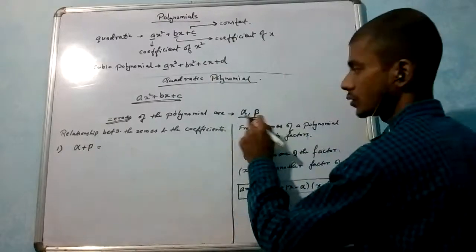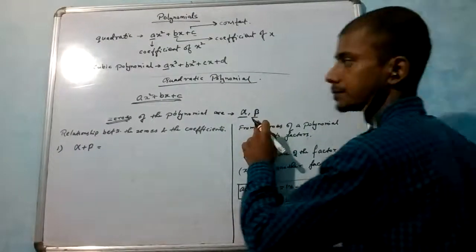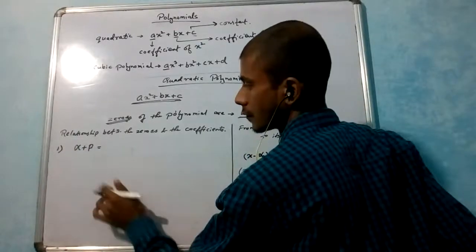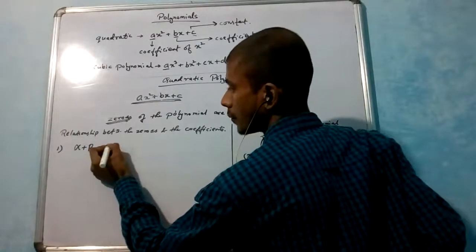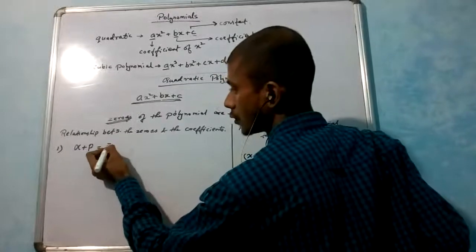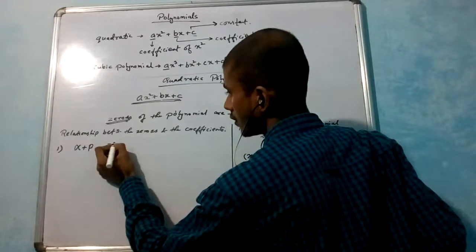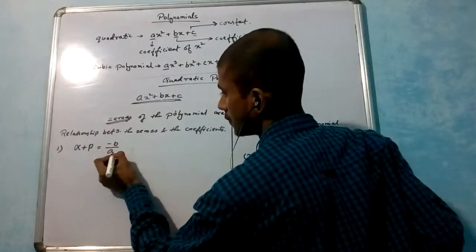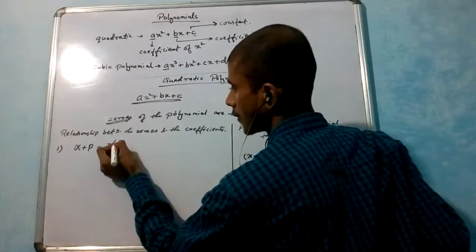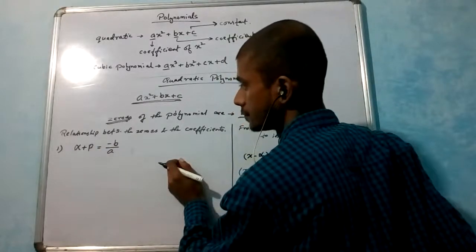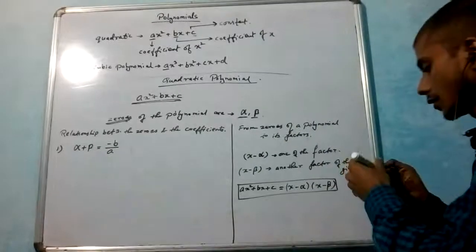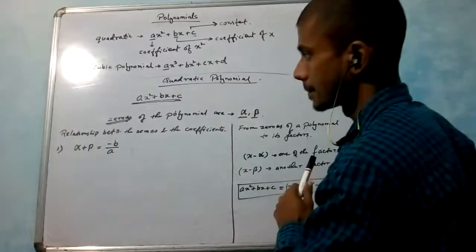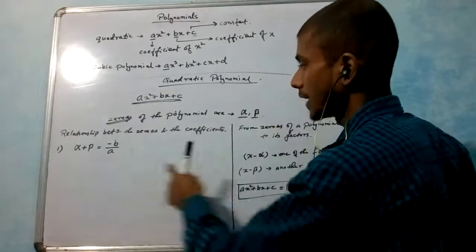If you add these two zeros, then what will it be equal to? Minus b by a. Do you know this? Yes, no? Minus b by a.